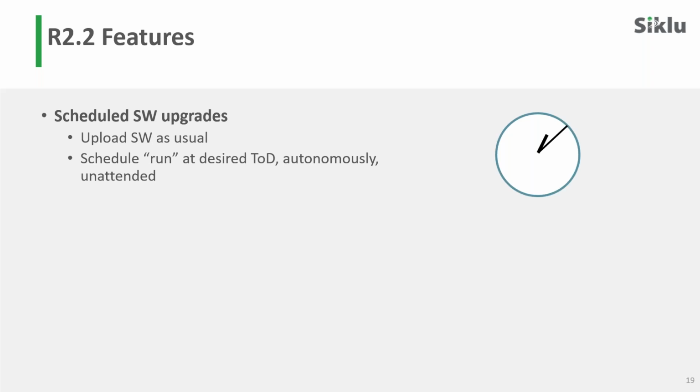So you can basically upload the software during regular business hours and schedule the reboot during a maintenance window, 2-3 o'clock in the morning, and the MultiHaul units will reboot autonomously during that time.